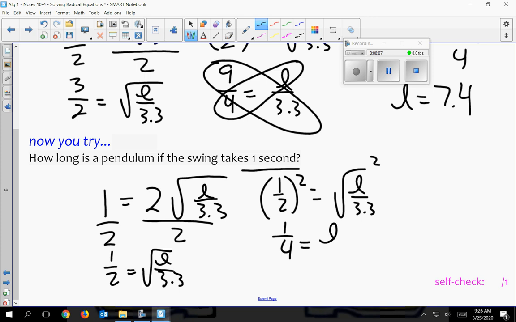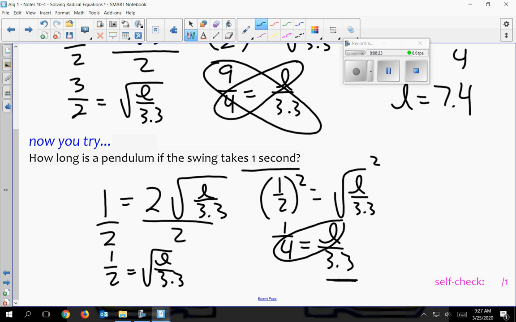And I get that. And I'm going to go ahead and cross multiply again. I could have gotten rid of the fraction right here by multiplying both sides by 3.3. This does the same thing.